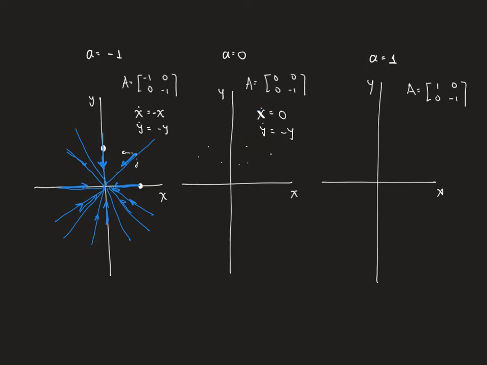So every single point will go downwards. And if you put it in here, they will go upwards, because of the negative sign in y. So all these arrows will be like this, all of them.